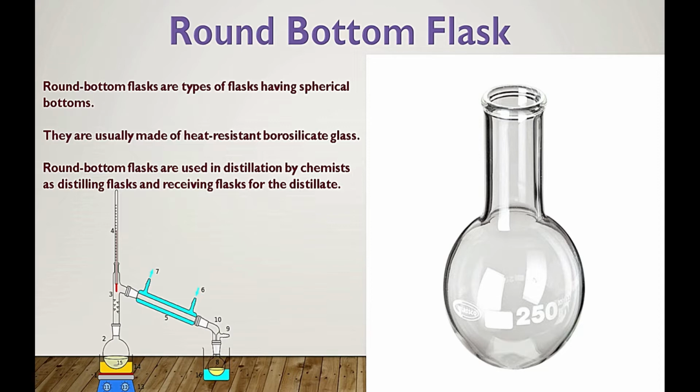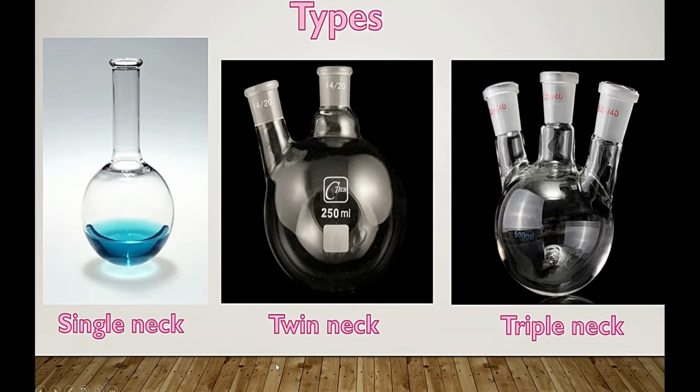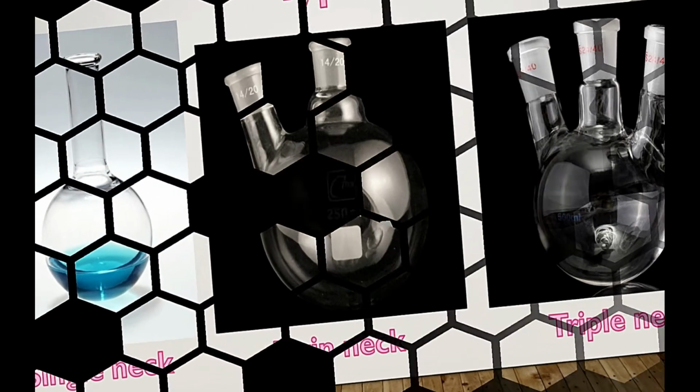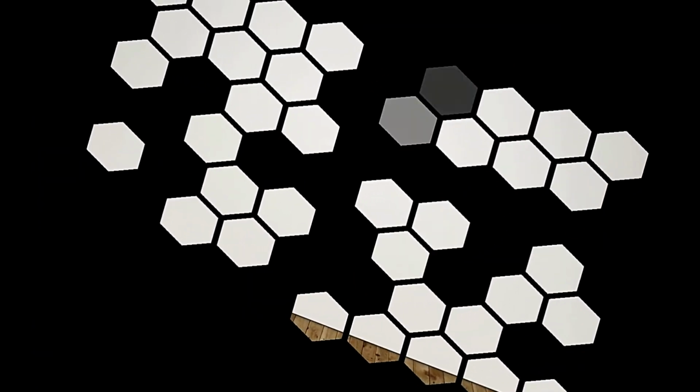Here in this diagram you can see the distillation of any liquid, how it can be used as distillation flask and as receiving flask. There are three types of round bottom flask. One with single neck, with twin neck or with triple neck according to the use or practical.